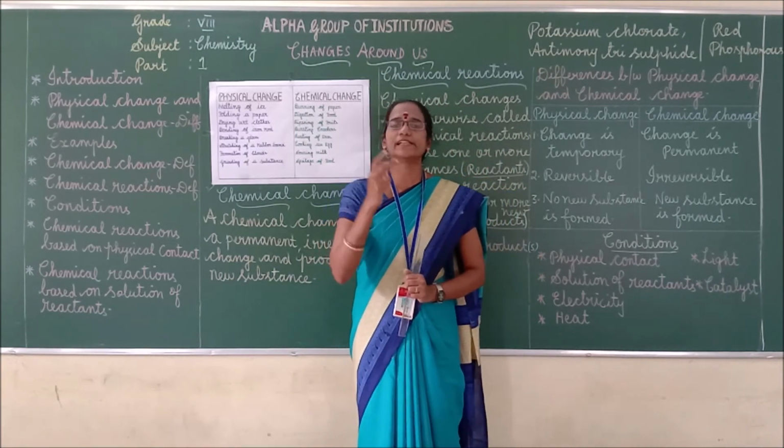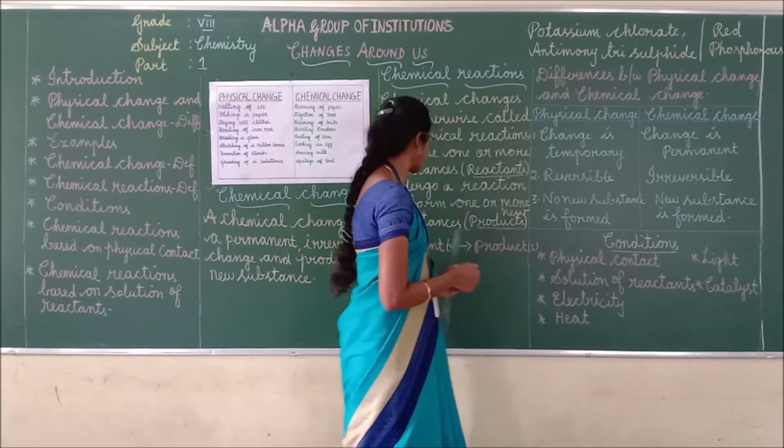Next one, calcium oxide. Quicklime. The chemical name of quicklime is calcium oxide.